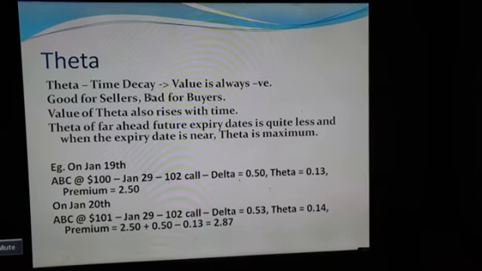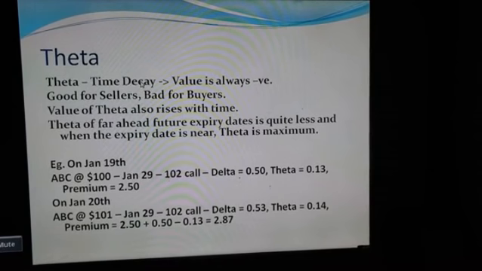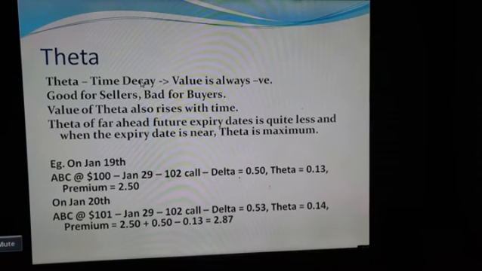Now talking about theta. Theta is time decay, because you are losing time on an option. Suppose the option is like a bet. If I am betting on a 102 call, that ABC stock, now trading at 100, will reach 102 in a week, and if it reaches quickly, it is well and good. If it doesn't reach in the first 3 days of the week, I have less time.